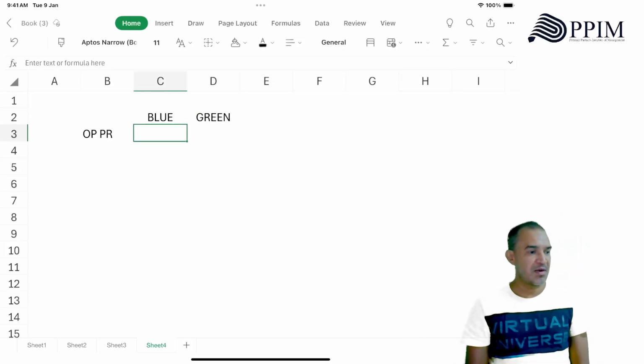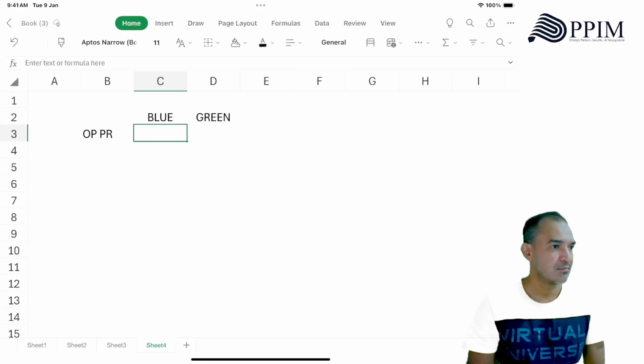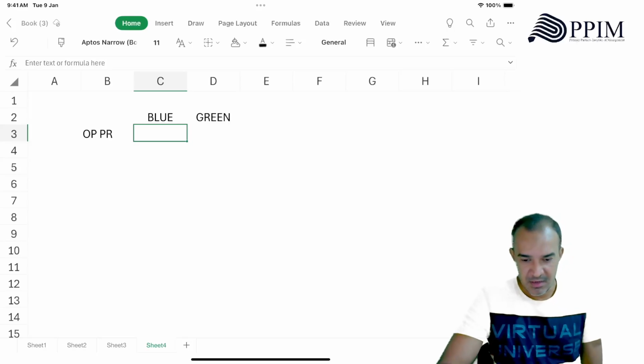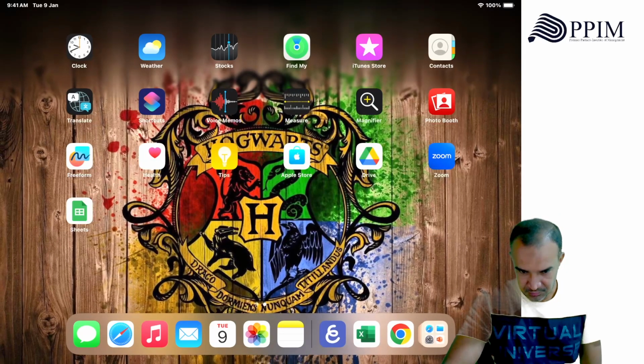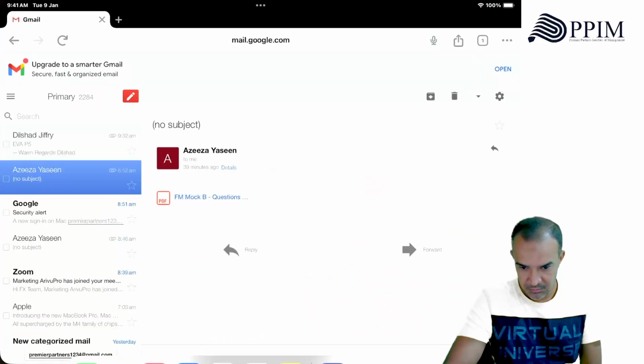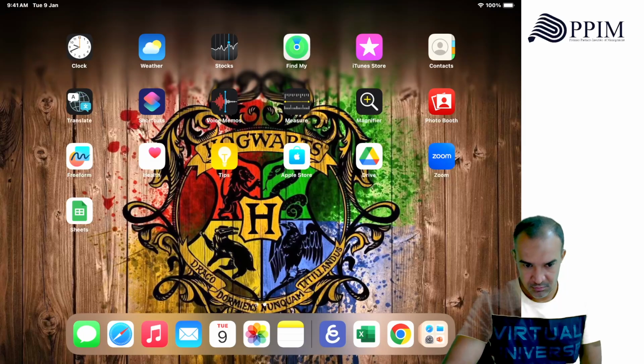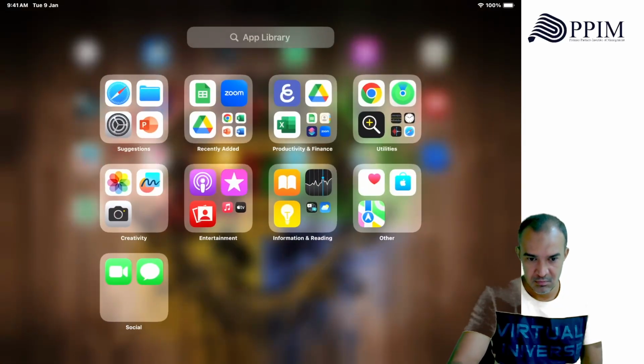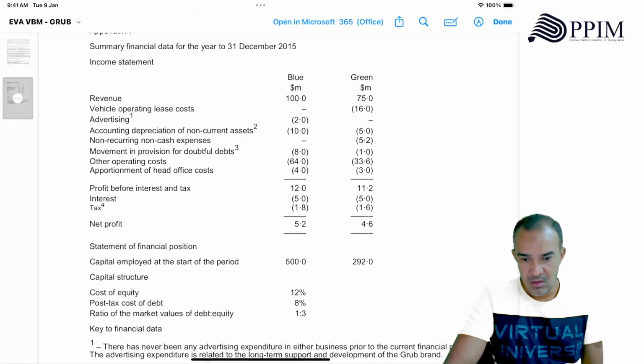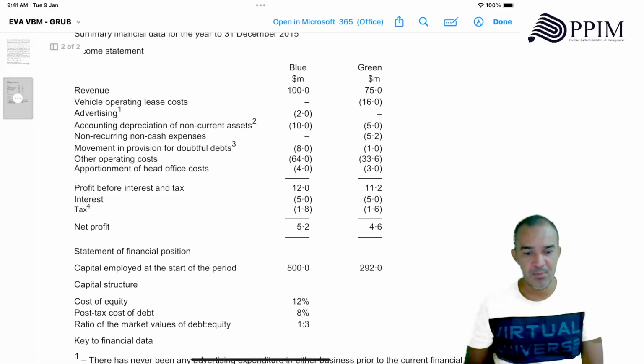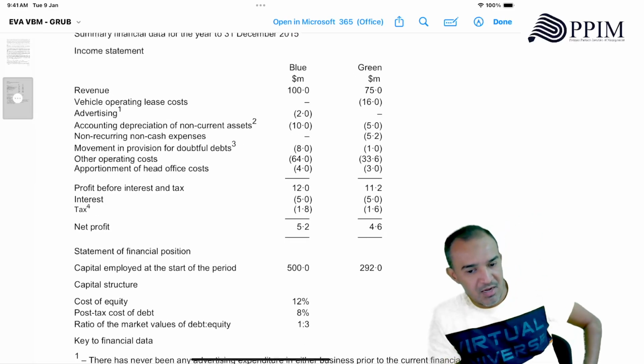How much do we take as operating profit? Yeah, but now if you see, you have profit before interest and tax 12 million and 11.2.